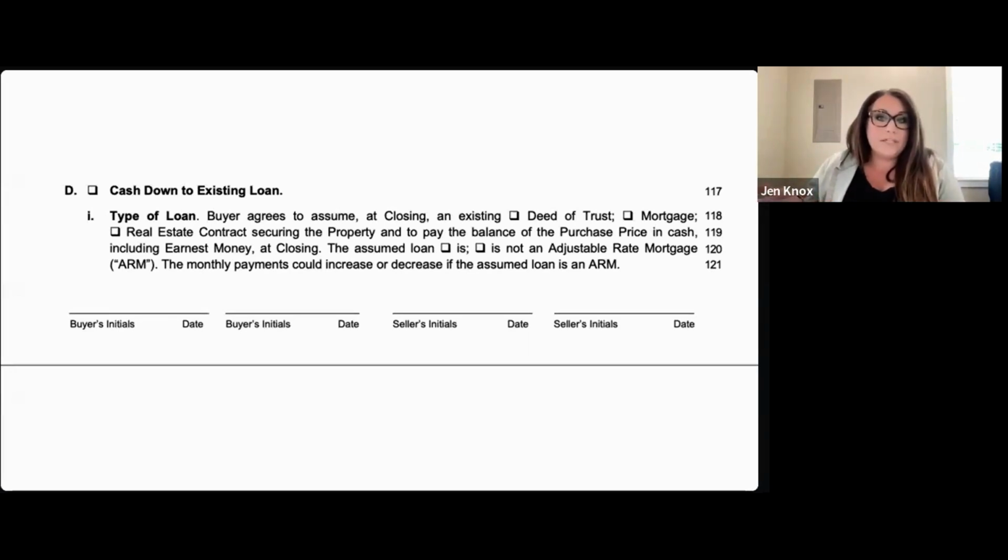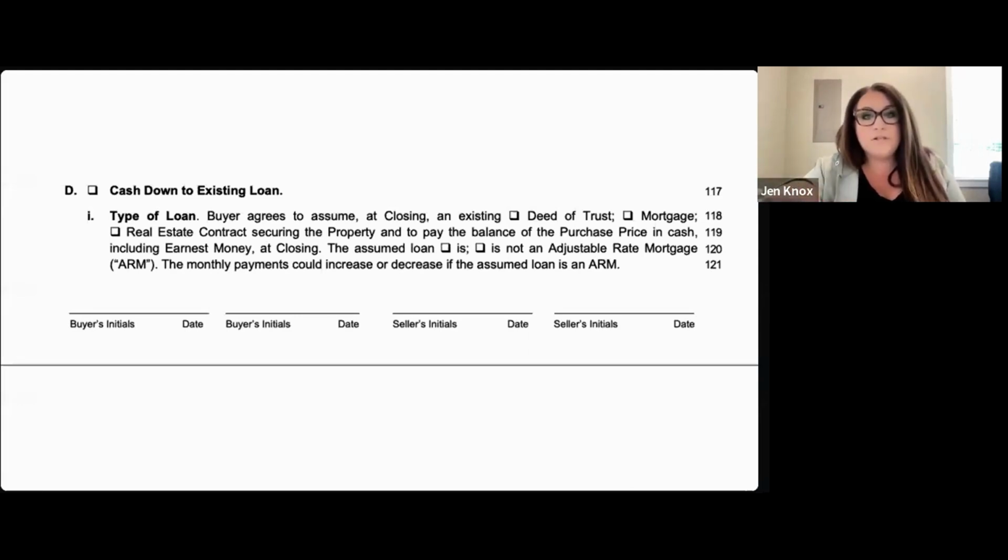But this is actually a really good option for those who can keep over and assume that like 3% loan. This is really good for buyers that are equipped with a large amount of cash to make up that difference. And there are protective provisions in this form. So if you want to do this assumable loan, this would be the box that you want to check right here.